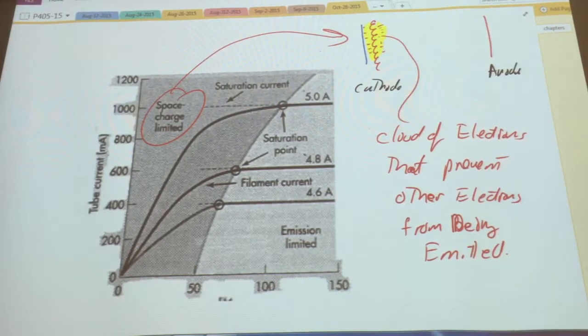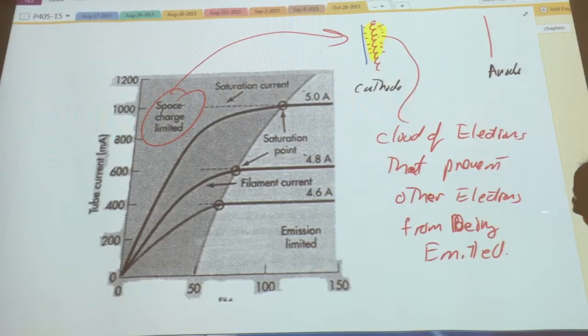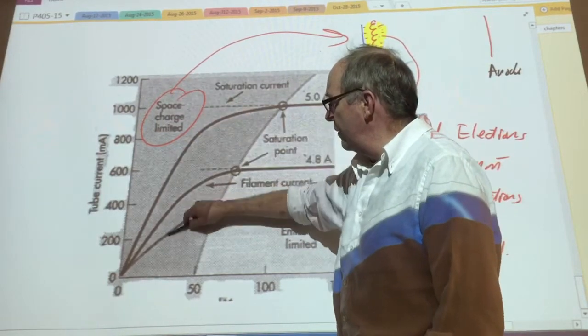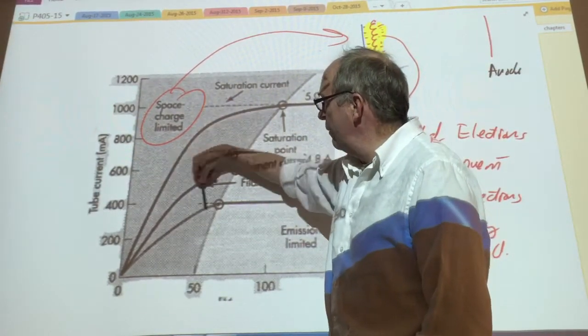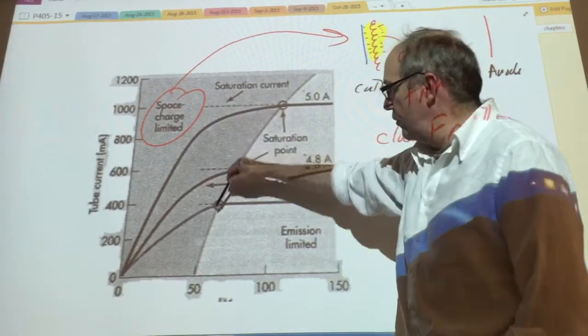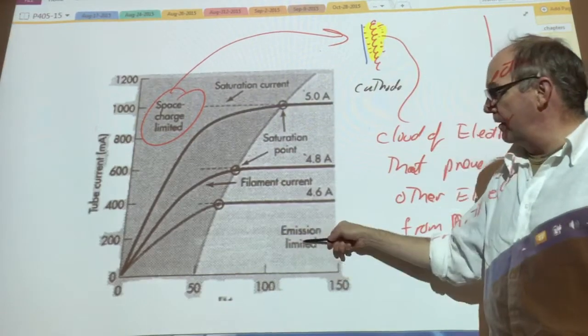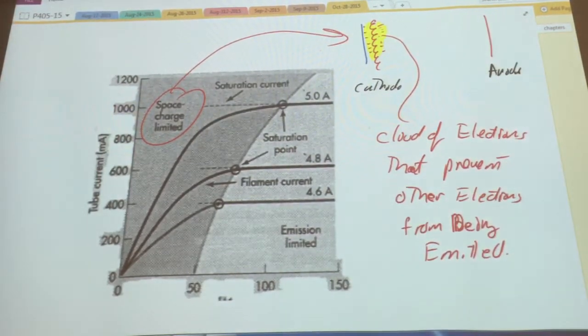So is the darker gray area all space charge limited? Well, no. I forget exactly what he's trying to do with this. He's trying to indicate that the space charge limited region is really the lower KVP. There's some effect of it as you go into higher KVP. But in this region, the light gray is definitely all emission limited.